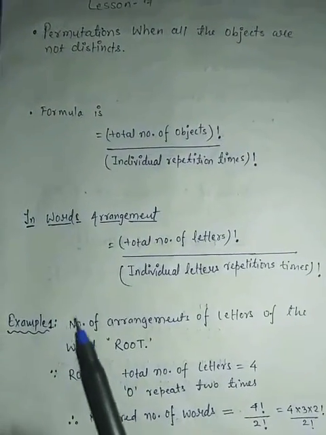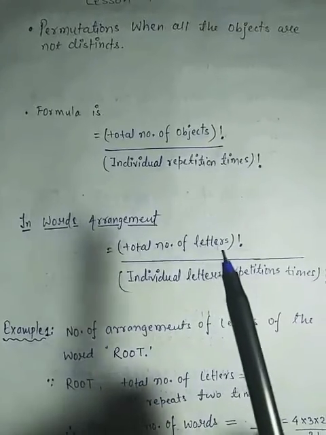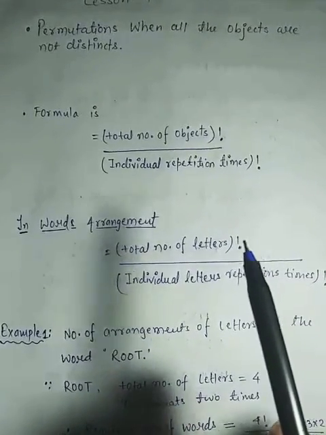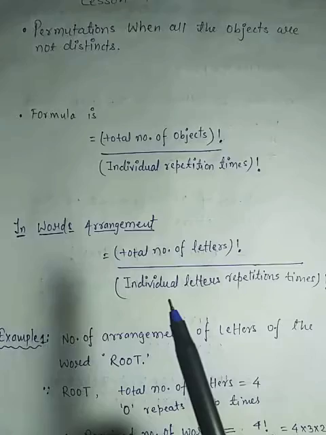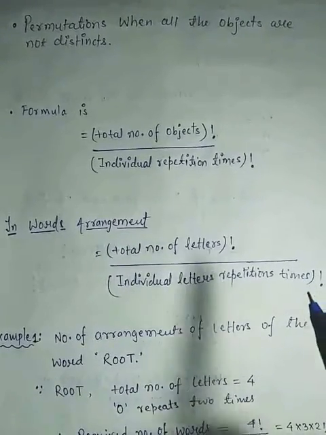Same formula in words arrangement: Total number of letters factorial divide by individual letters repeating times factorial.